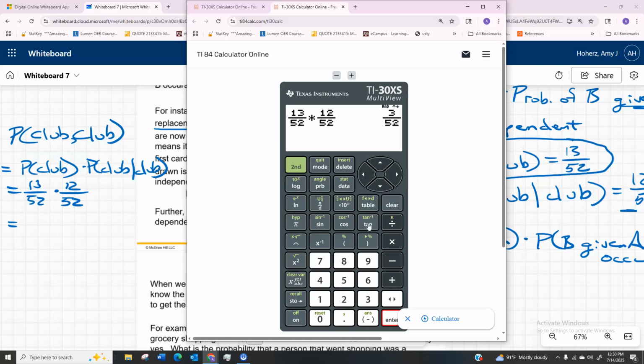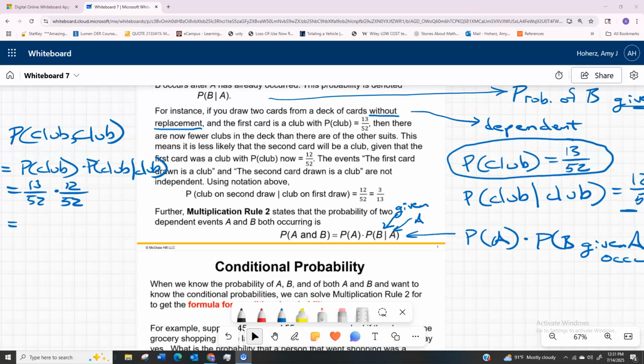And then if we change that to a decimal, we get 0.058. We have a 7 with a 6 after it, so that 7 is going to round up to 8. So 3 out of 52 or 0.058, or 5.8%.